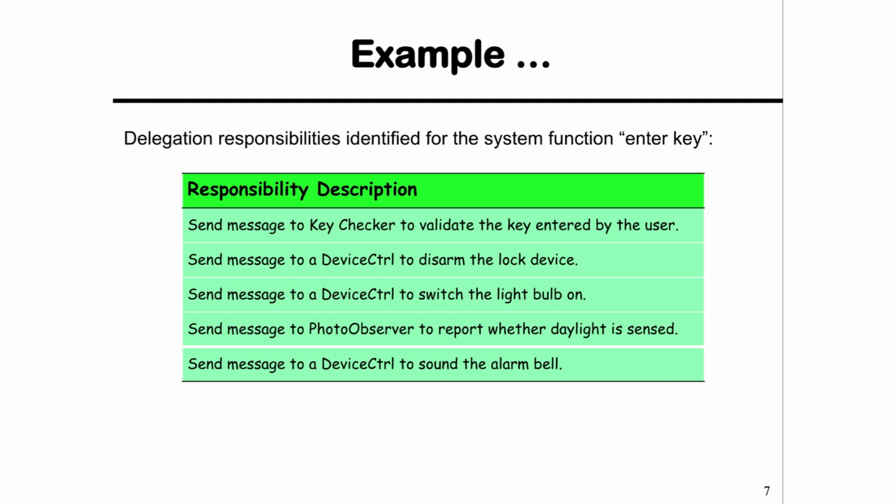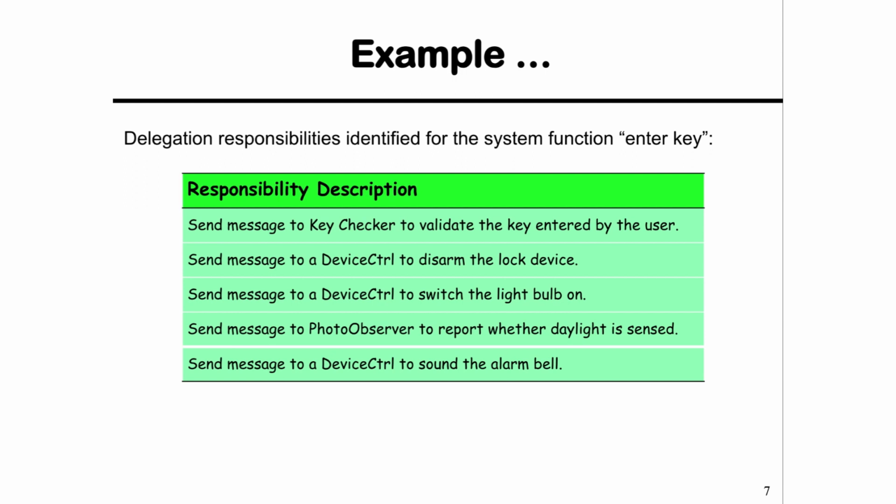Let's take an example regarding delegation responsibilities. What you see here are delegation responsibilities identified for the system function enter key. We have been discussing this scenario for the smart door system, and in that smart door or lock system, there is a function called enter key.